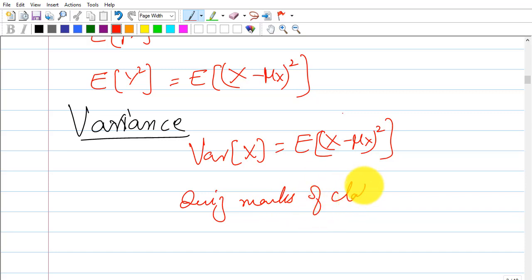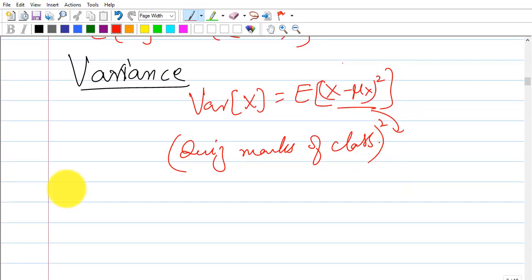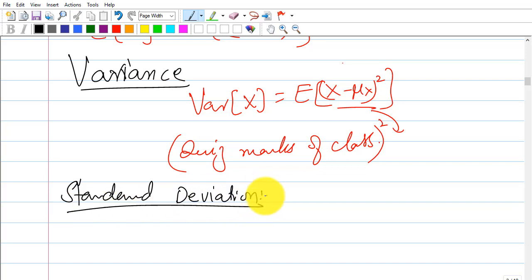This square term will make it the square of those marks. So that will not give me a clear picture of the spread I am looking for. So we introduce another parameter to look at the spread of data.